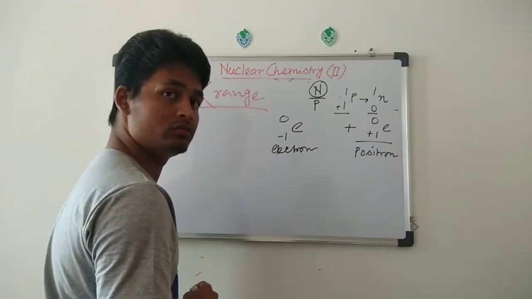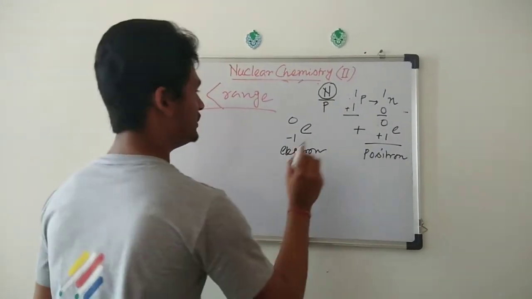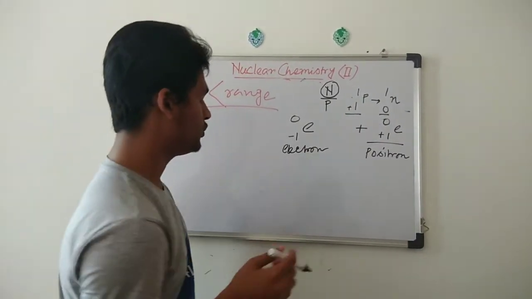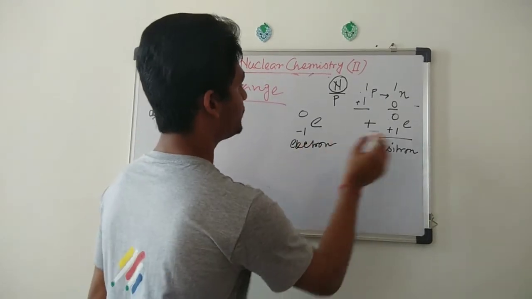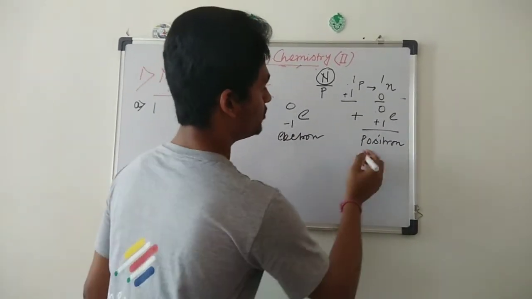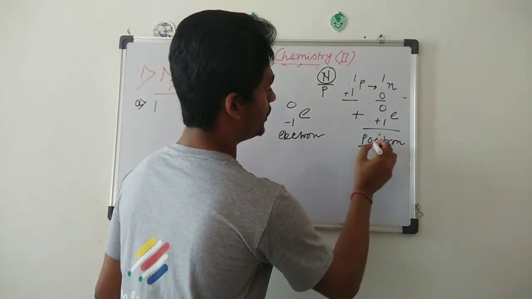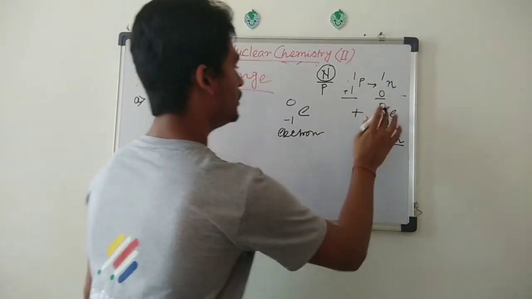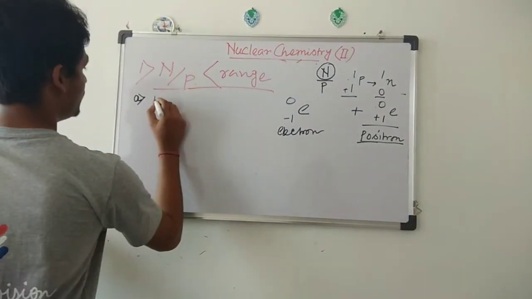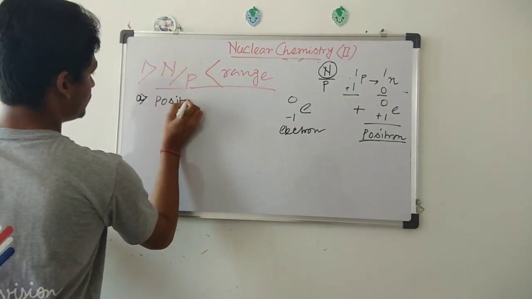These are only the positive charge, that's why it is positron. You don't need to remember the thing, you can obviously remember that it is coming from positive, that is positron. Now that's what the possibilities are. Positron emission.